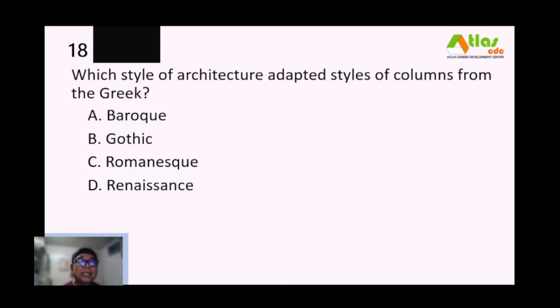18. Which style of architecture adapted styles of columns from the Greek? A. Baroque, B. Gothic, C. Romanesque, and D. Renaissance.